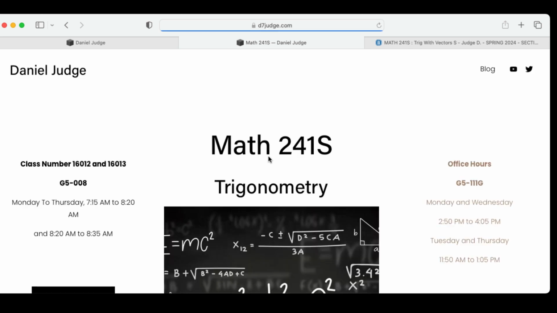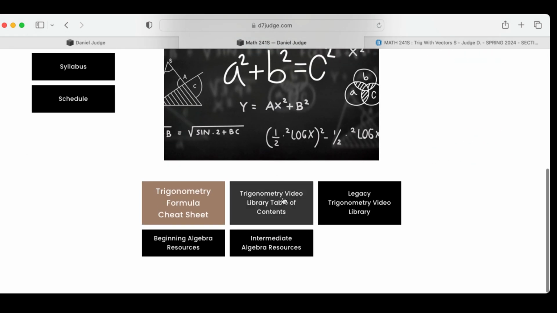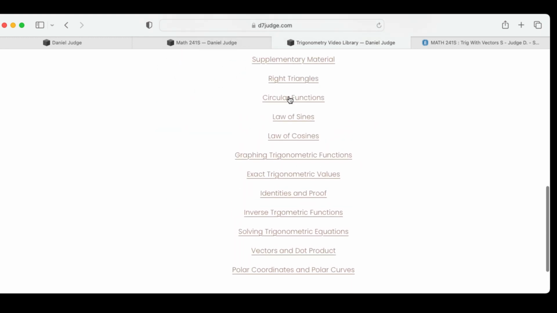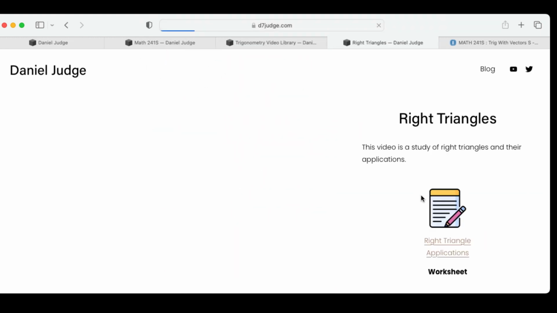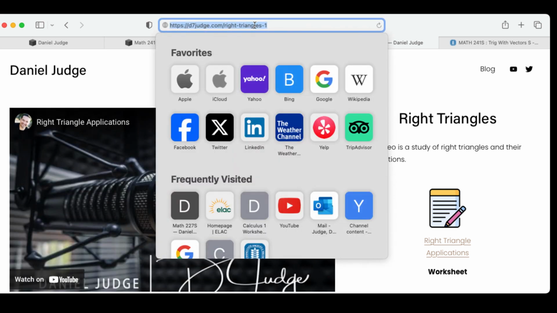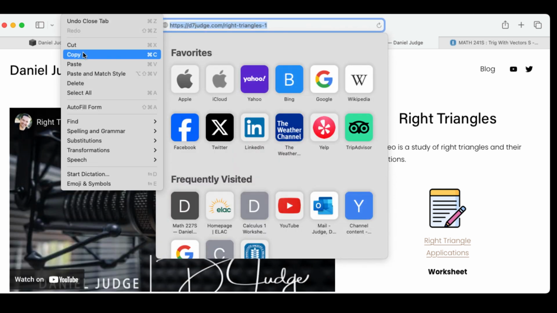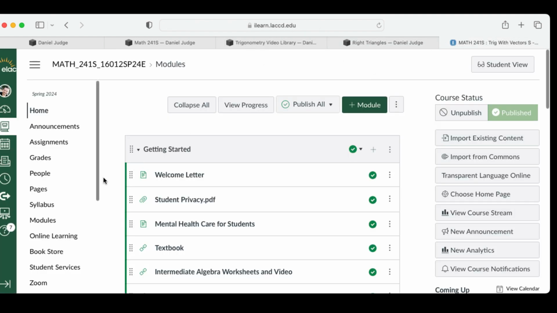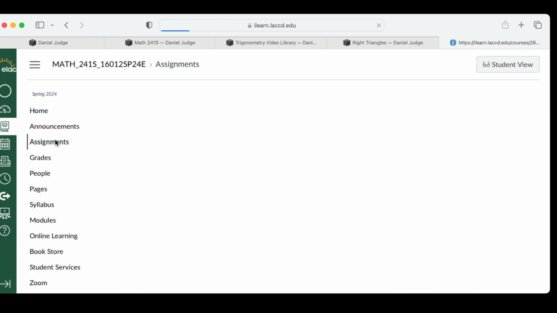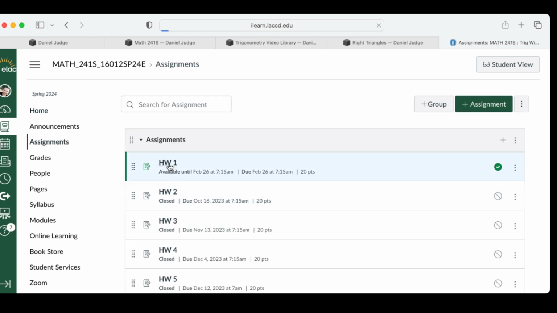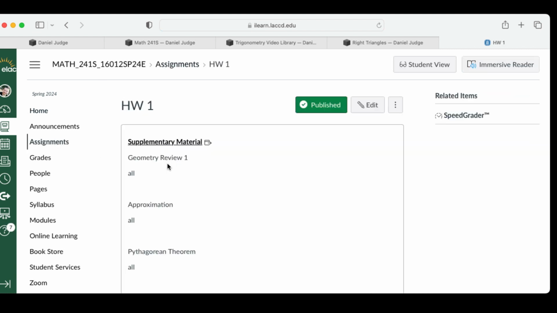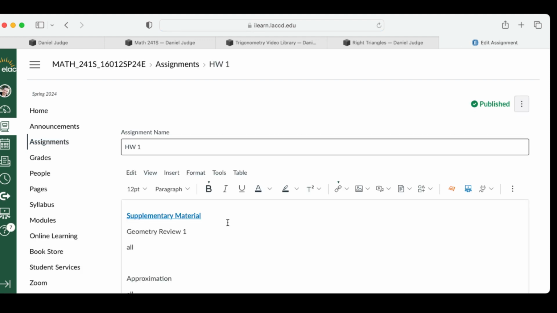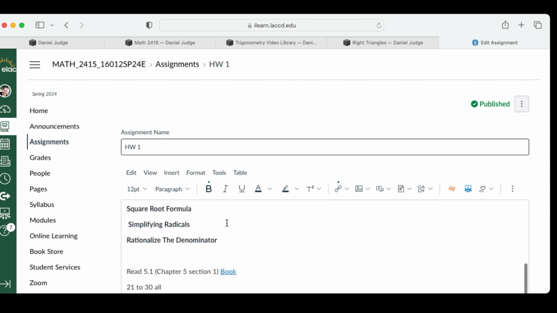I'm going to share with you guys a little something. Okay, I'm going to go to the right triangles here. And edit, copy. So you might notice, you might say, oh, okay, we're going to go to the website, the web page. So I want you guys to really understand that, because there are people who don't.